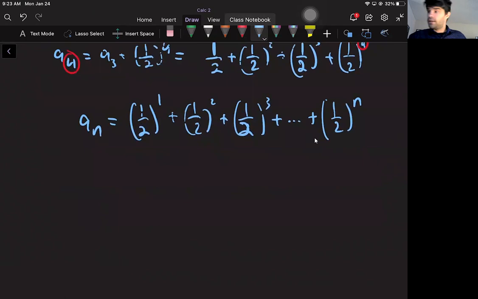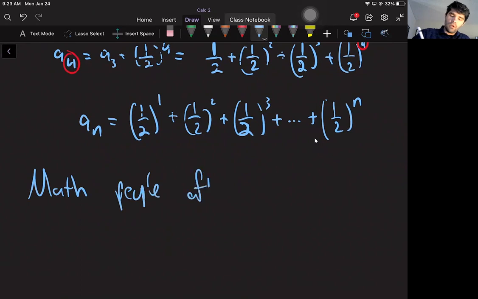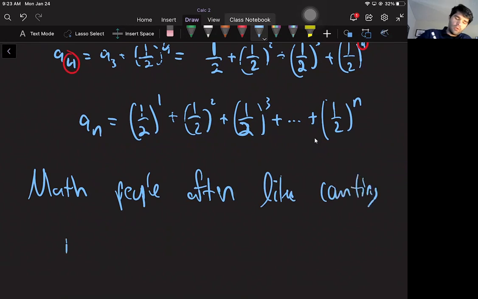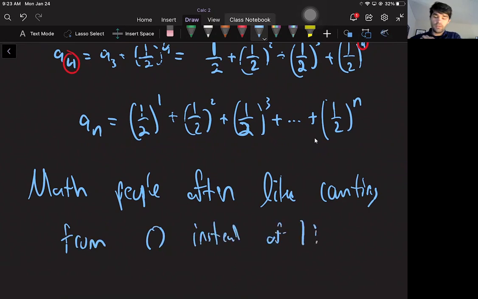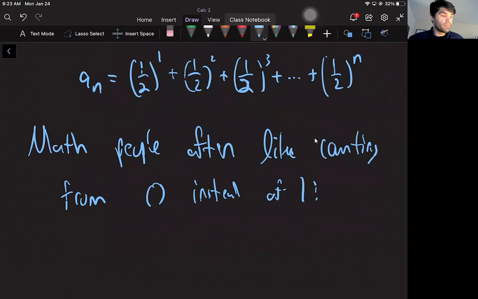Okay. All right, so then the last thing is that math people often like counting from 0 instead of 1. Sometimes it just is nicer to do it that way.